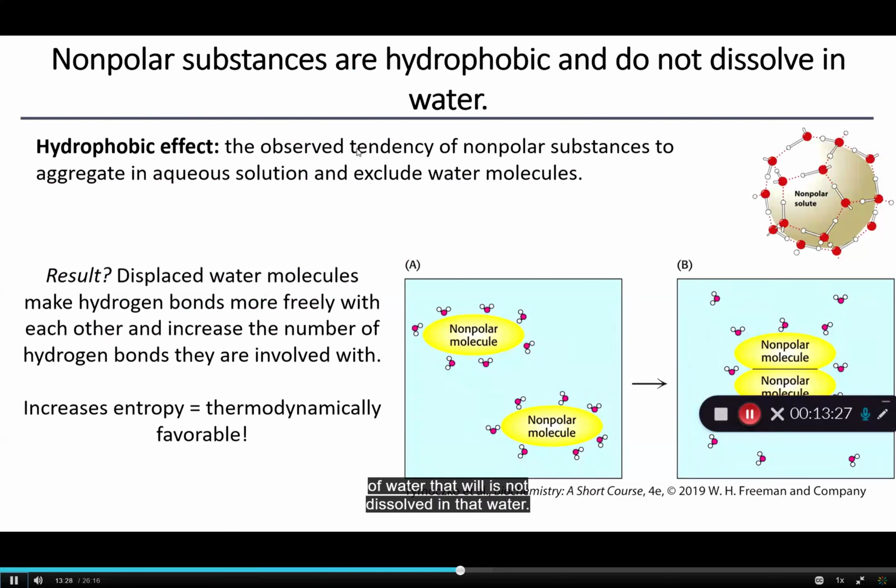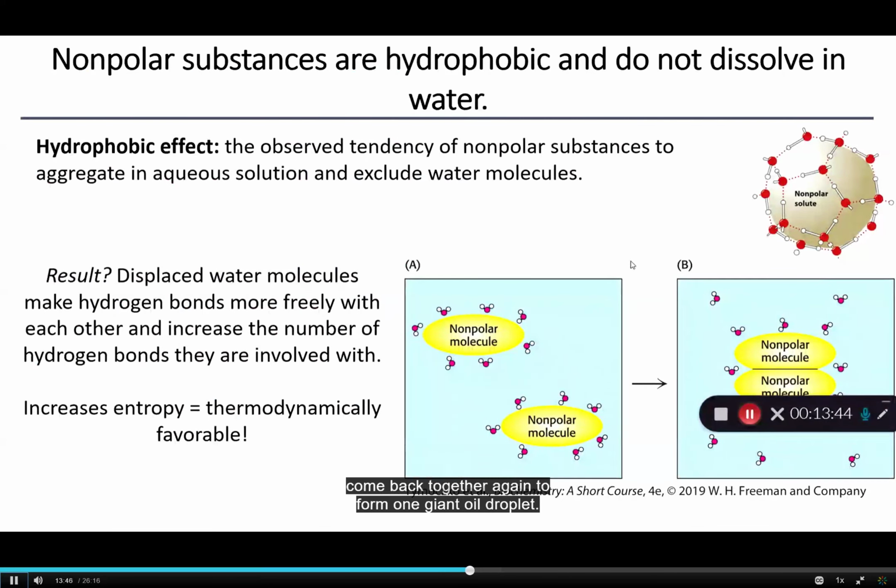That oil is not dissolved in that water. It sinks right to the bottom. It sticks together. The oil molecules are not broken up. Even if you were to take a spoon and try to chop up that oil, those oil droplets will eventually all come back together again to form one giant oil droplet. That is the hydrophobic effect in action.